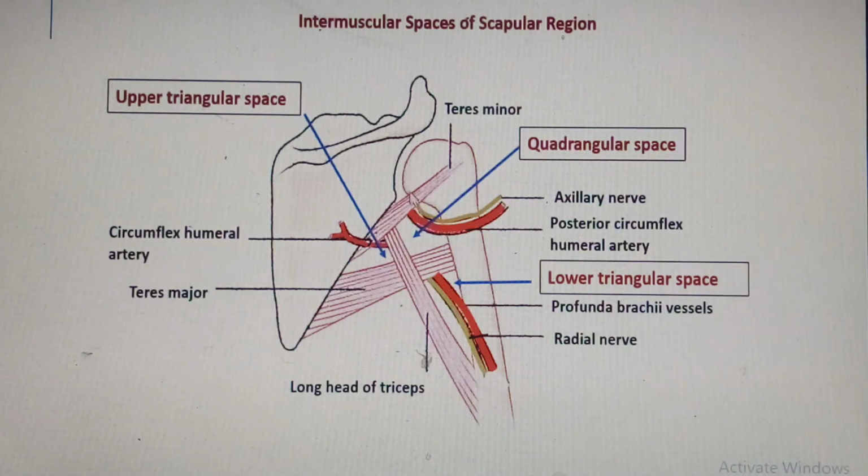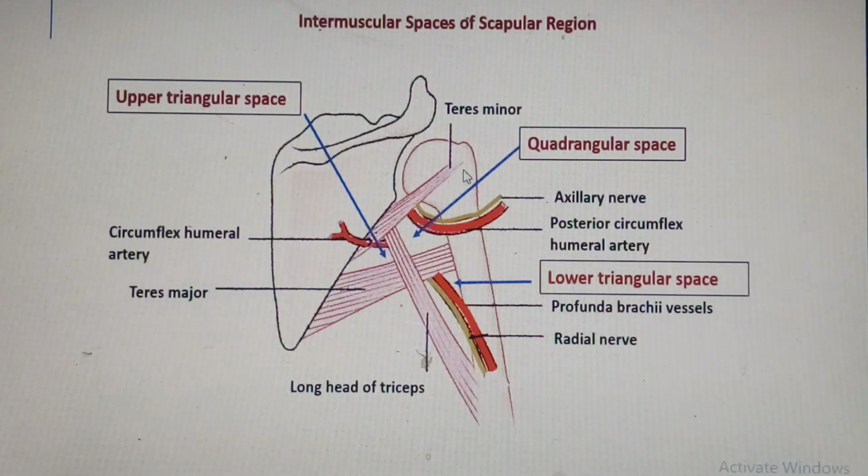Then we have the long head of the triceps brachii muscle, coming from the infraglenoid tubercle and joining with the other heads of the triceps brachii to insert on the posterior aspect of the olecranon process. If we have this, then we are going to have three spaces. This quadrangular-shaped one over here is called the quadrangular space.